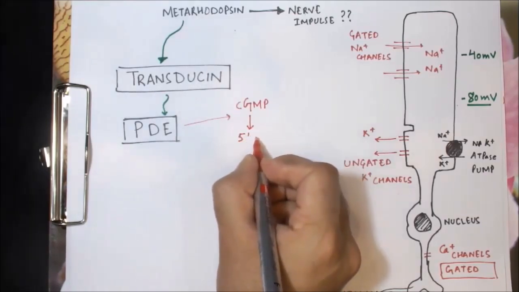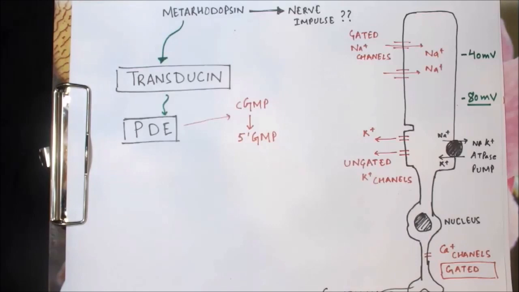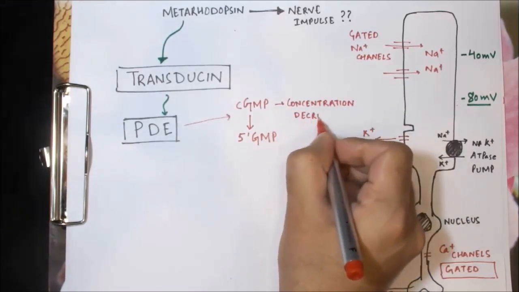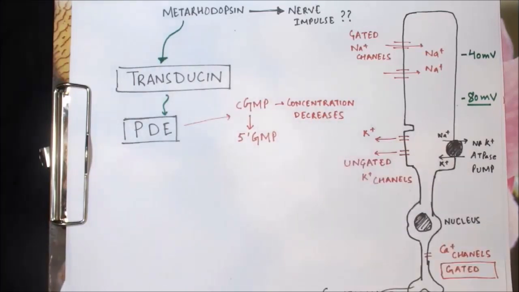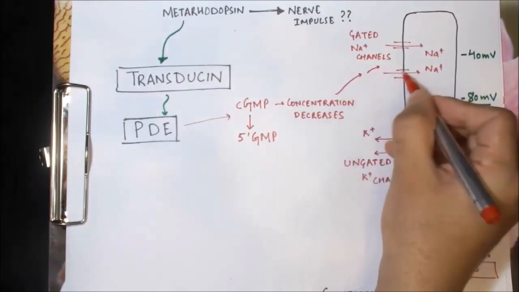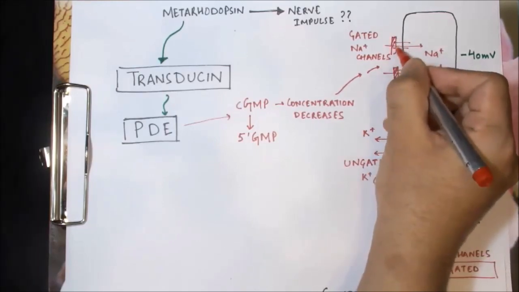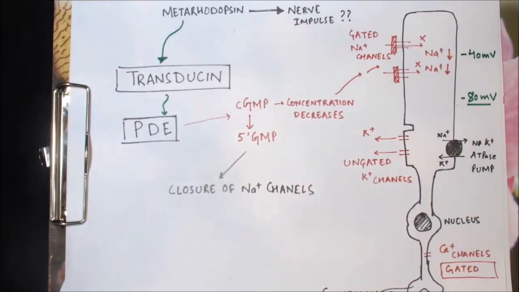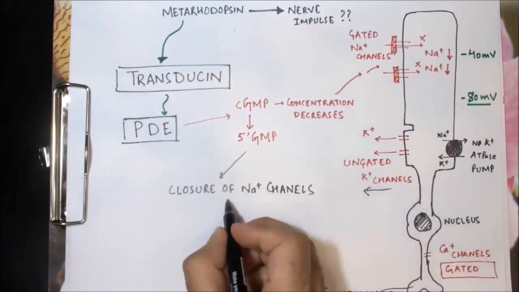Because of this conversion, there is a decrease in the concentration of cyclic GMP, and because of this the gated sodium channels get blocked, and there is leaking of potassium ions, and this leads to hyperpolarization of the cell.